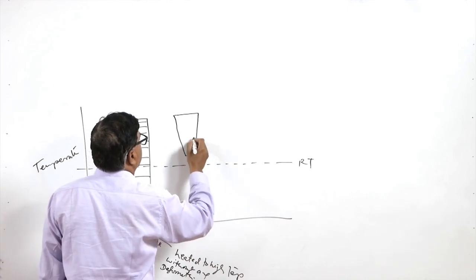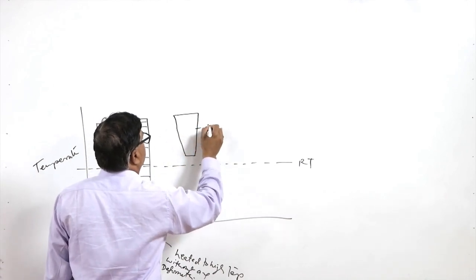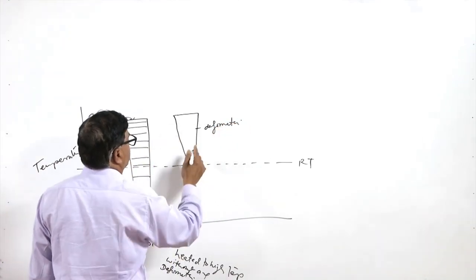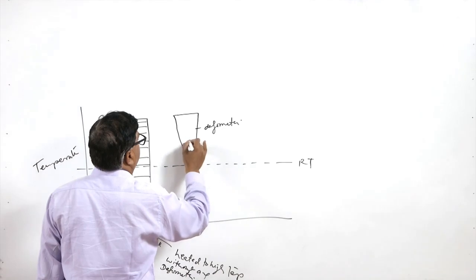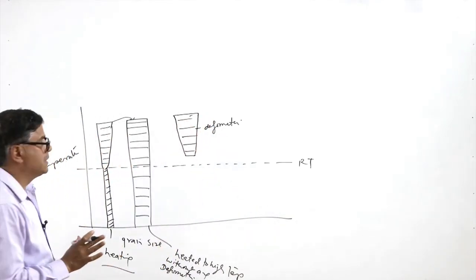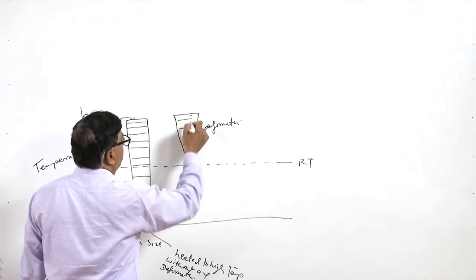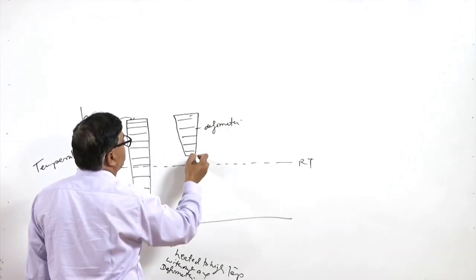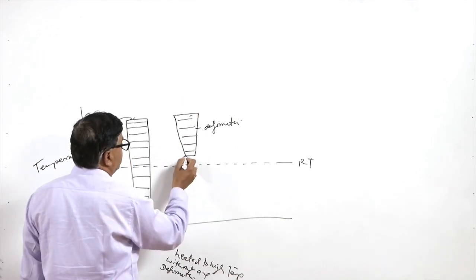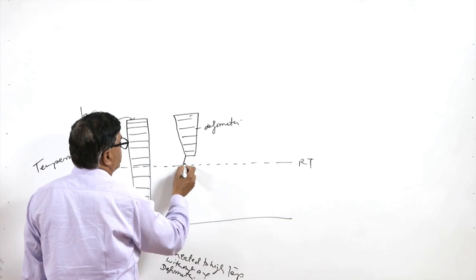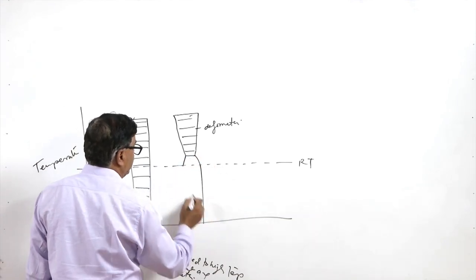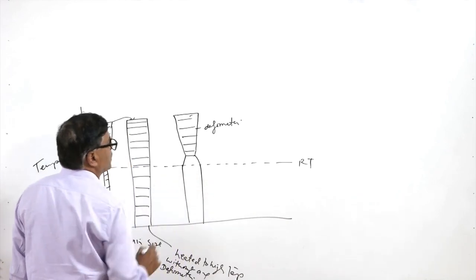Say due to the deformation and heating combination, the grain structure gets refined, but the deformation is stopped above the recrystallization temperature. So, once the mechanical working is stopped above the recrystallization temperature, then again coarsening begins. The grain structure gets coarsened and then we find at the end again the coarse grain structure.